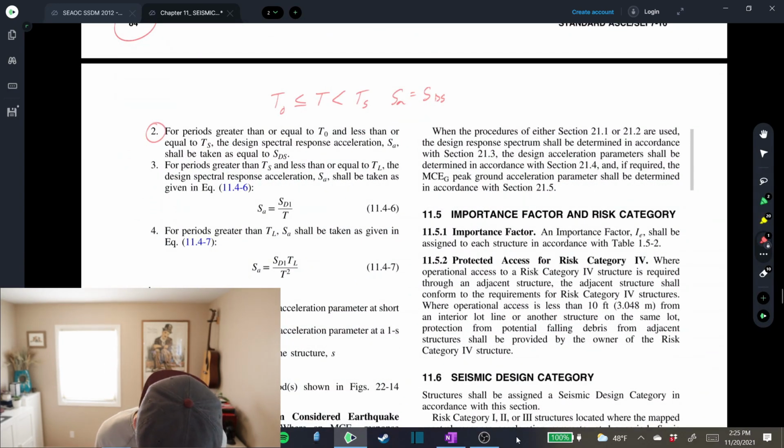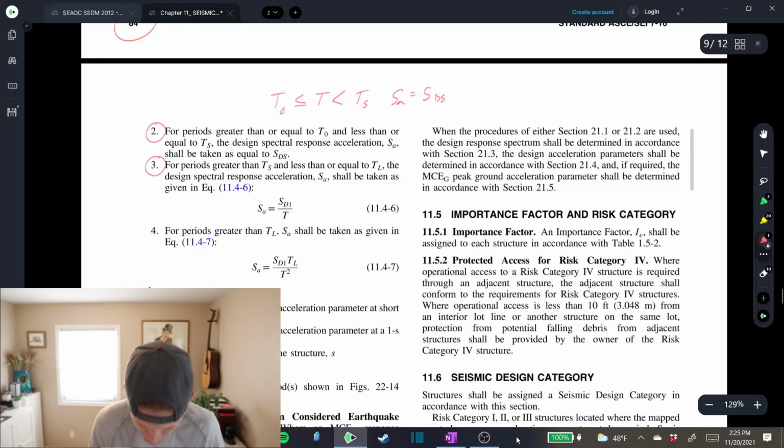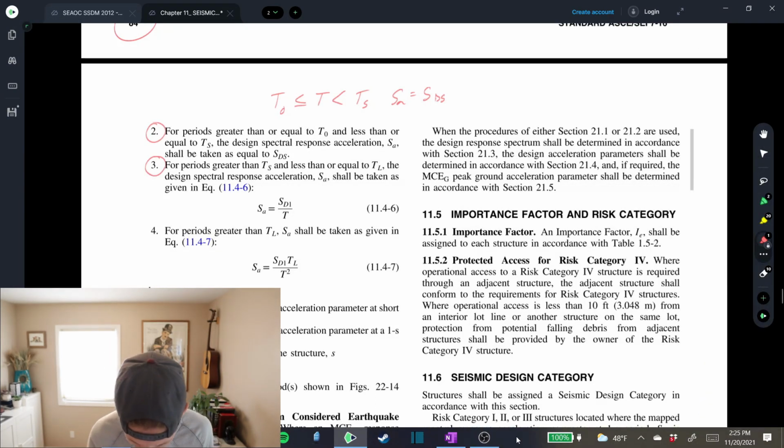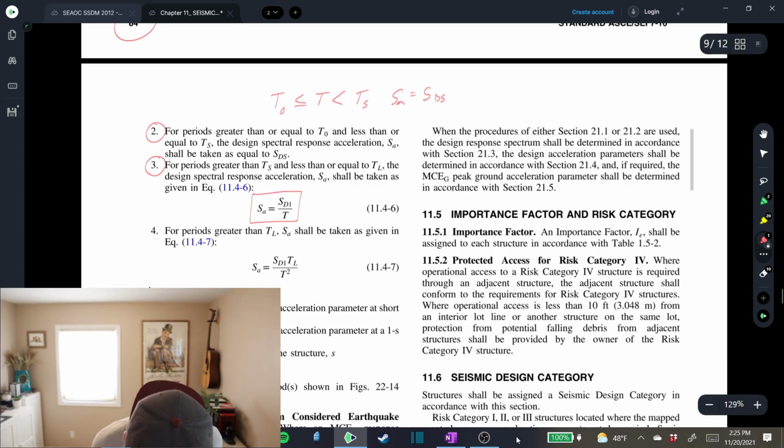Then you have step 3. For periods greater than T sub S and less than or equal to T sub L, that's your long period, the design spectral response acceleration, S sub A, shall be taken as the given equation here. So now you'll use this equation for instances when T is greater than or equal to T sub S, but less than T sub L, your long period.